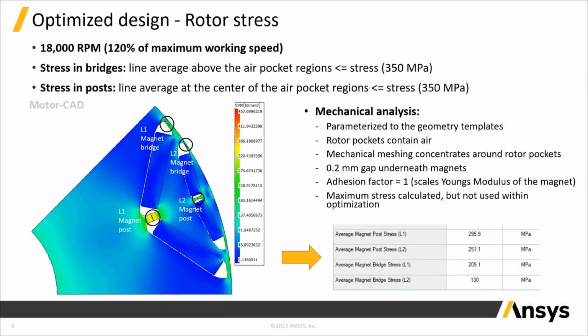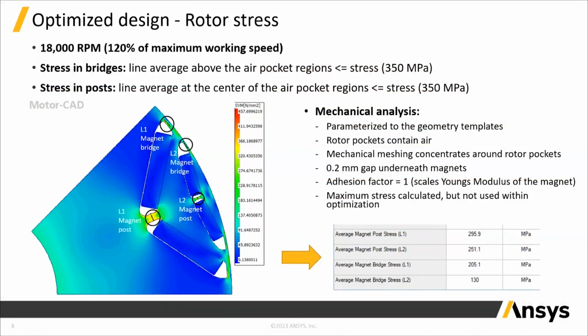And a bit of a reminder of what that was. This is for what ended up being the optimized design, the final design created through the optimization. You can see here the geometry in the bottom left. We've applied automatic rounding to the template geometry.